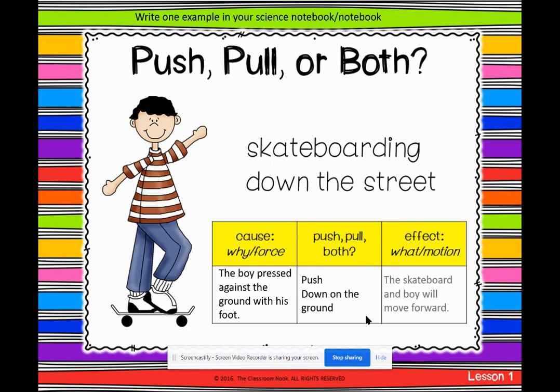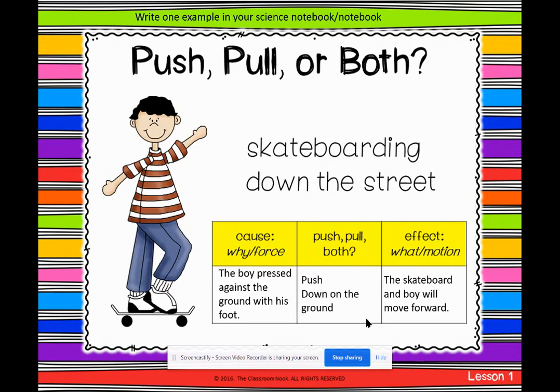And then the last one, what is the effect of that push motion? Well, the skateboard and the boy will move forward. Okay, and that's the result of the push. So this is the way that you would answer these questions. What is going on? What is the force?